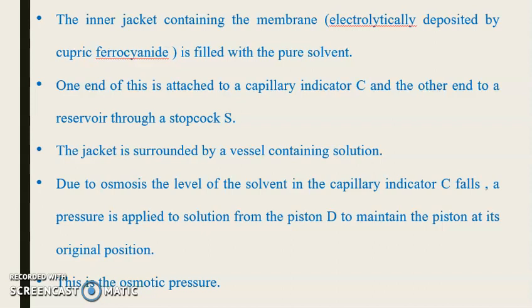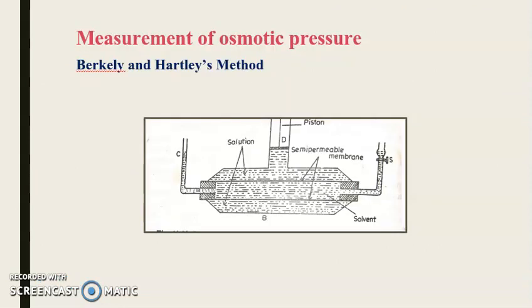Then there will be a decrease in the level of C. Look at this figure. C is a capillary tube. When the solvent passes through the semi-permeable membrane to the solution, the level of solvent at C will decrease.